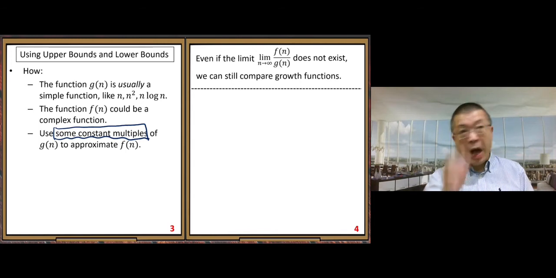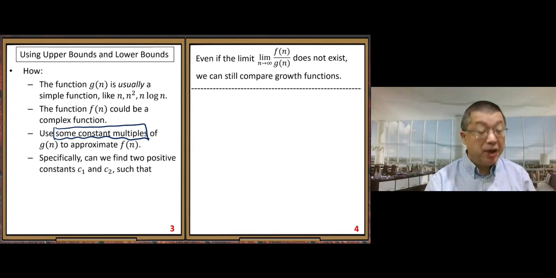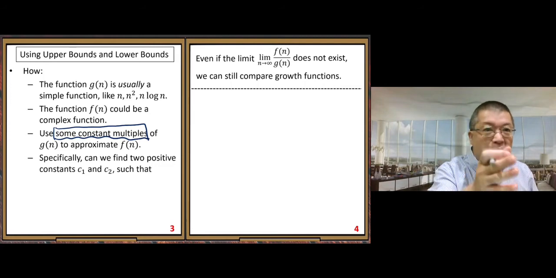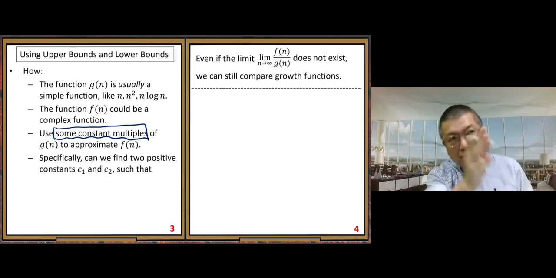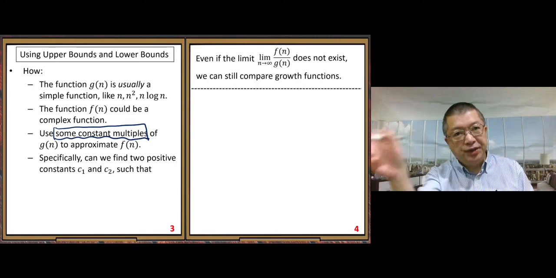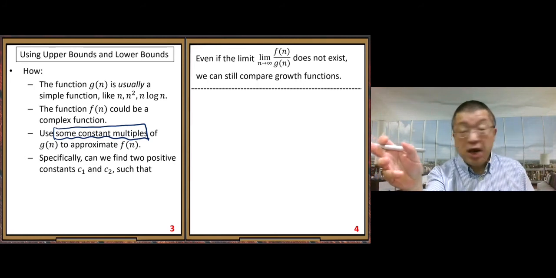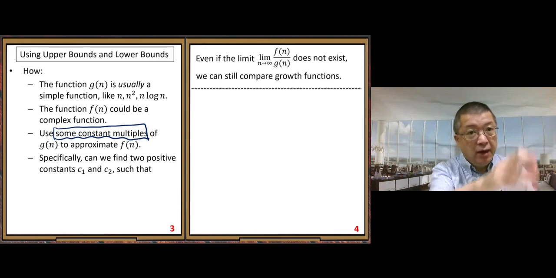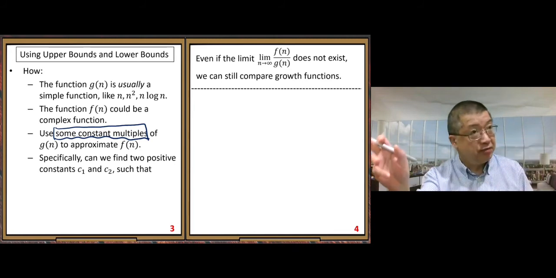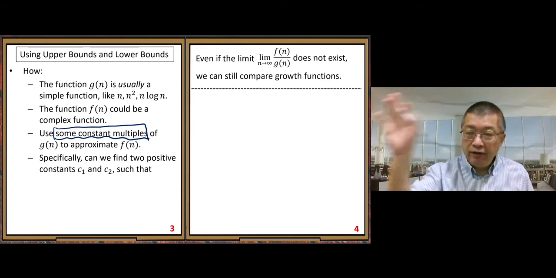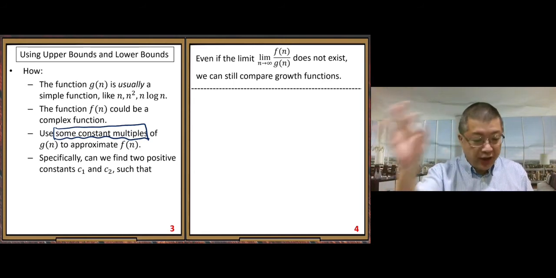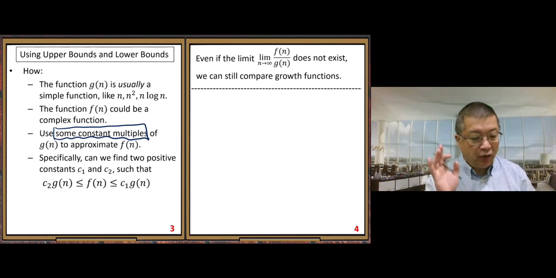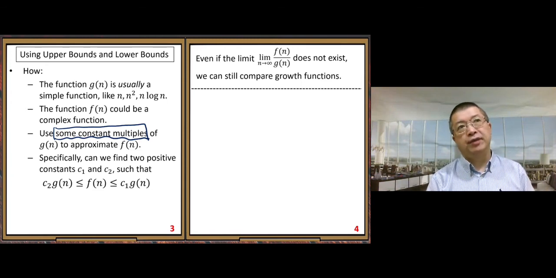How to use constant multiples? Specifically, can we find two positive constants, C1 and C2? Positive. Cannot be zero. Cannot be negative. Must be positive constants C1, C2. One for lower bound, another for upper bound, such that this inequality holds.